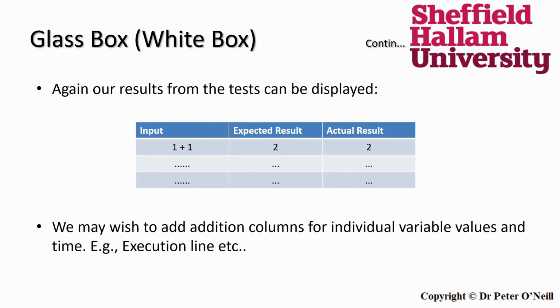We may wish to add additional columns for individual variable values and time of execution, etc. Particularly if it's in a car or something where it's important that it responds within a set period of time, because it could be an error that might cause a major disaster if it doesn't deal with it immediately. So it's got to deal with it within so many milliseconds. So you can add these things in.